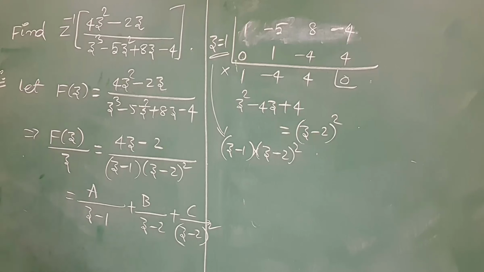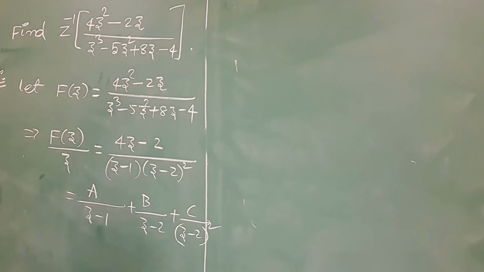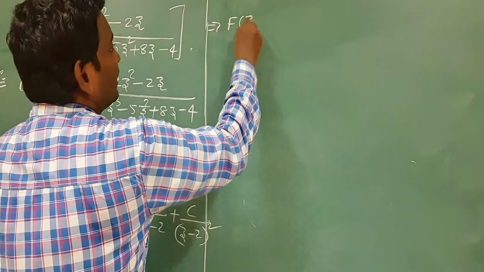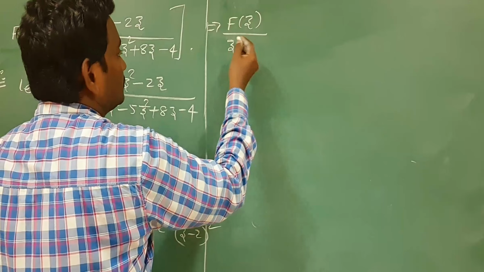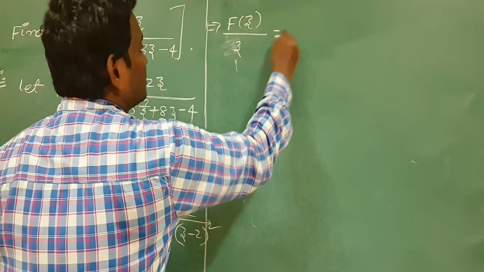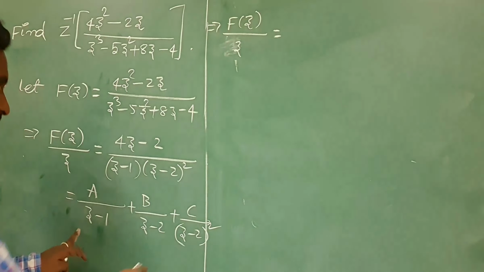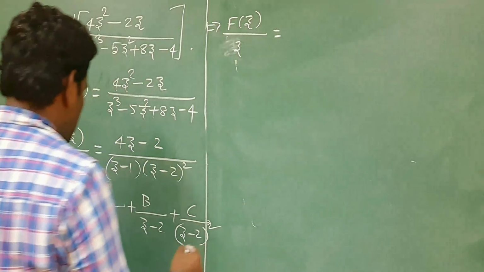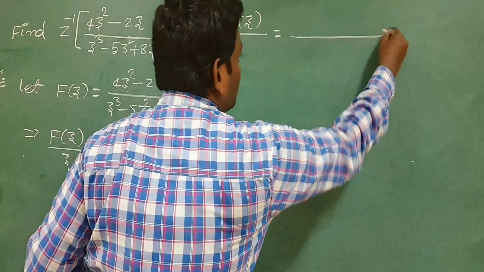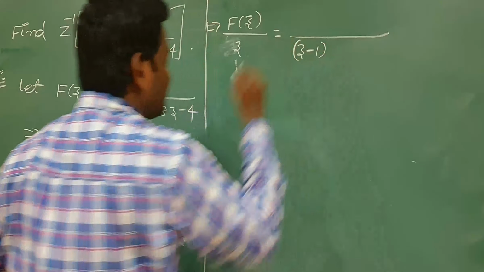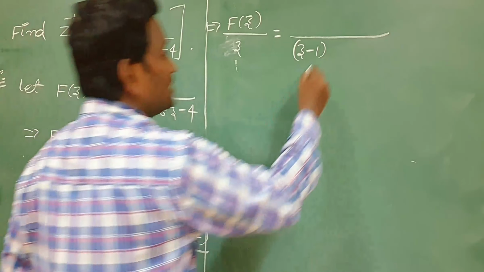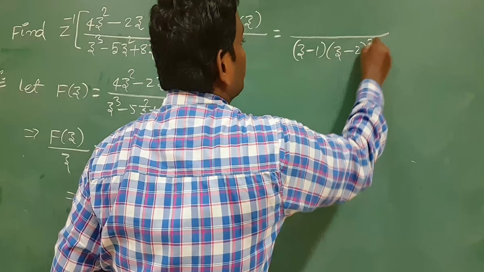See. So first of all take the LCM. So the left side is f of z by z, equal to, what is the LCM? LCM is nothing but the product of all terms. Z minus 1 is a different factor. For z minus 2 and z minus 2 whole square, the common LCM is z minus 2 whole square.